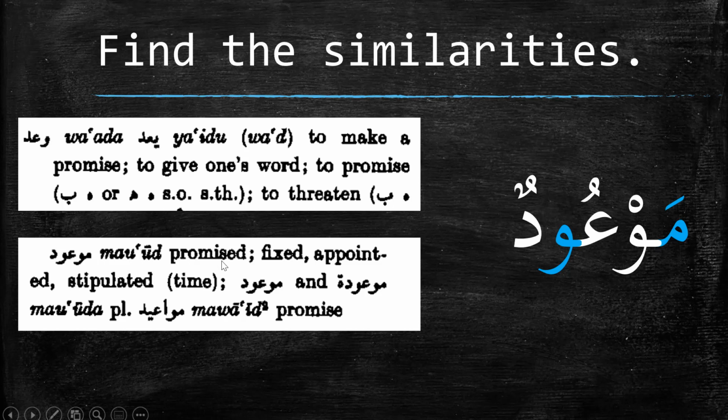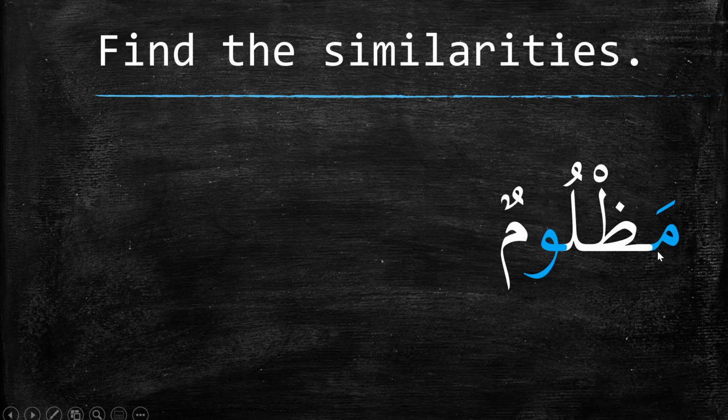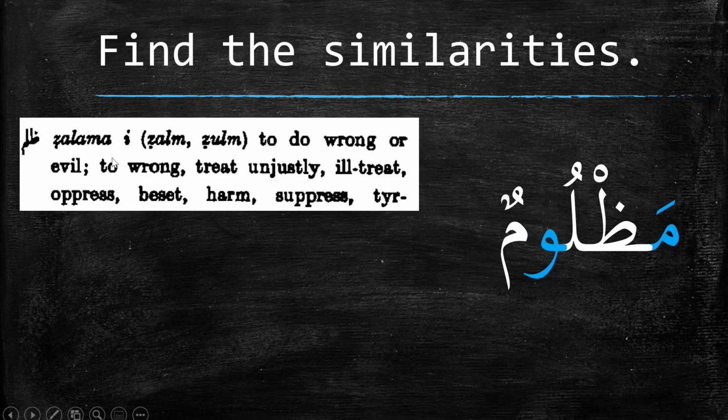So you'll see here the meaning is promised, fixed, appointed, stipulated. Okay. So here we have mazlum. Again, the meem and the waw are extra from the root zalama. Remember, the dha is represented by the Z. To do wrong or evil, to wrong, to treat unjustly, to ill-treat, to oppress.